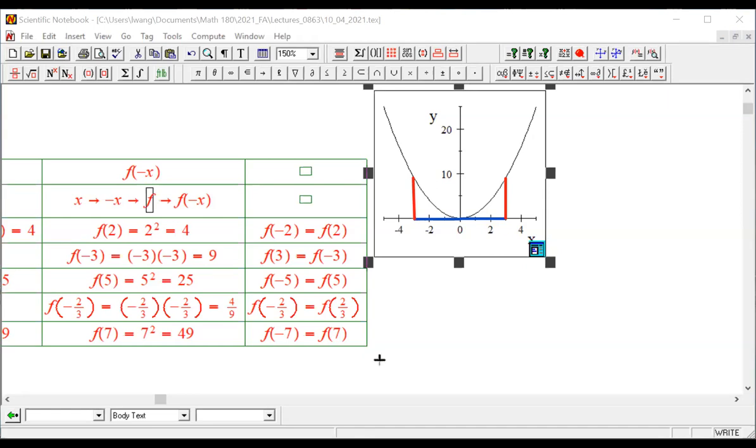Do you get it? So we have the algebraic, we have the notation, and we have the visual. Are we good? So let's look at these three aspects of the odd function.